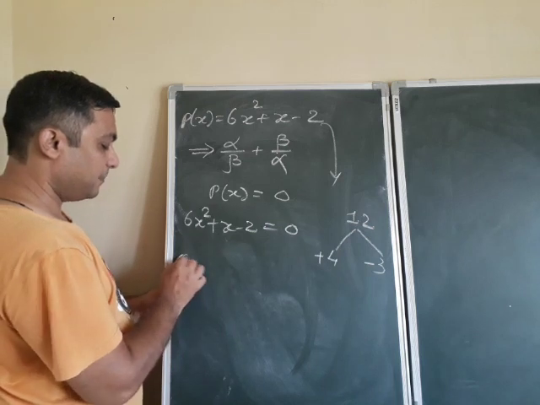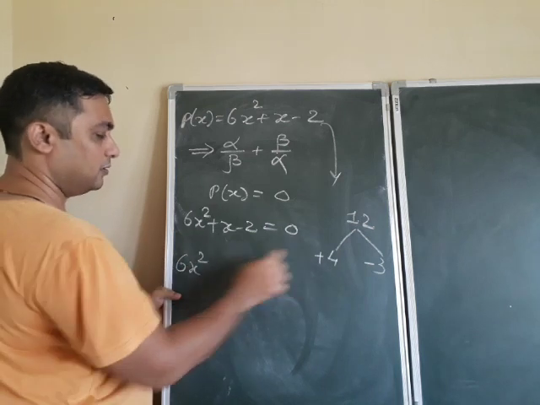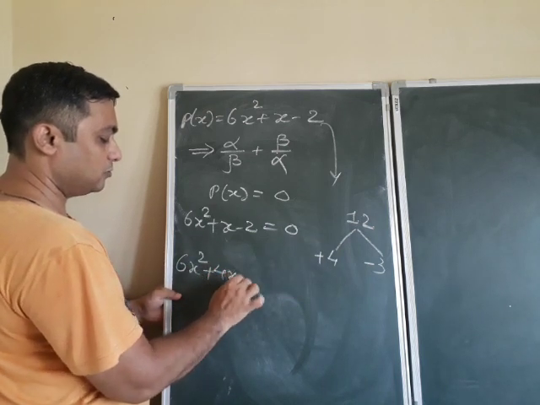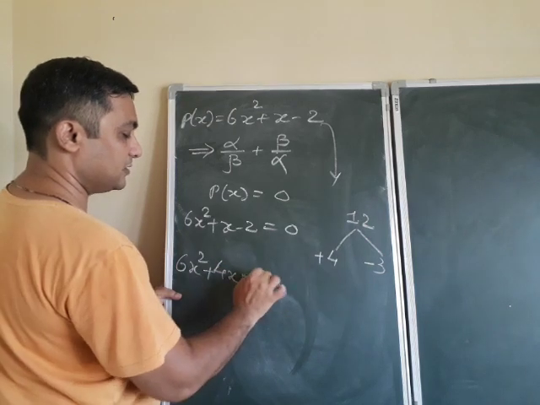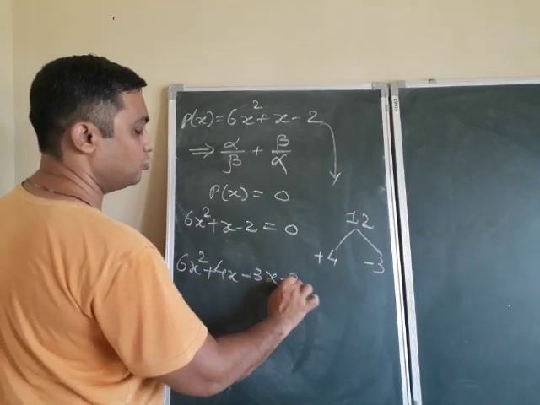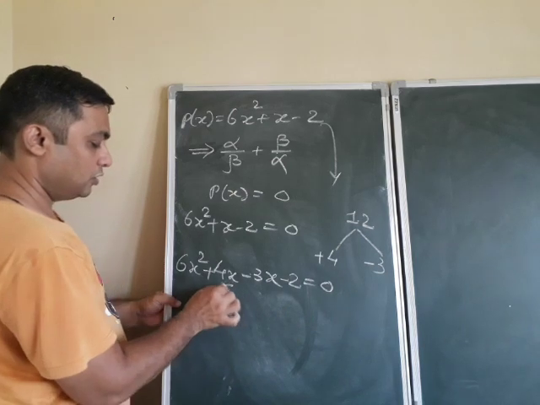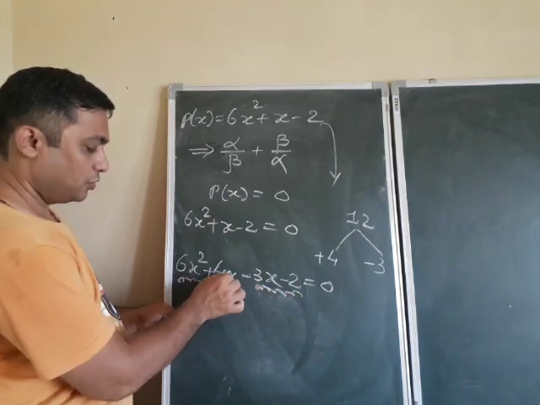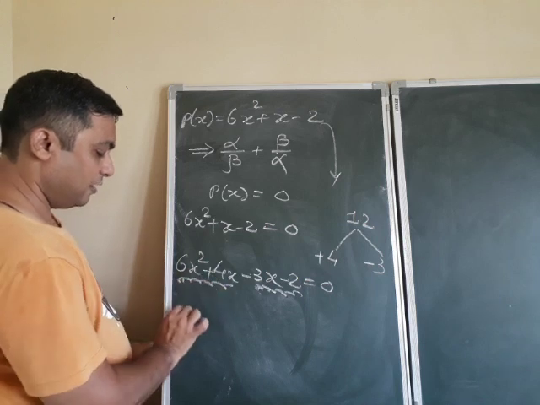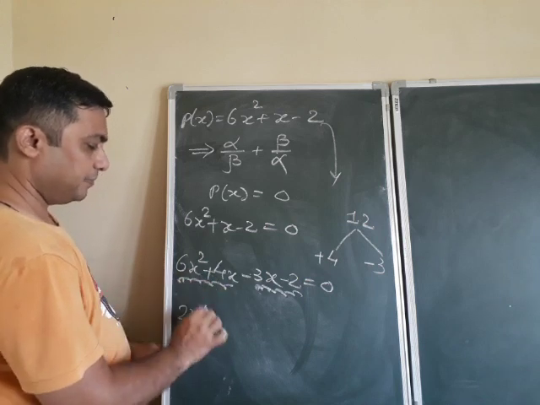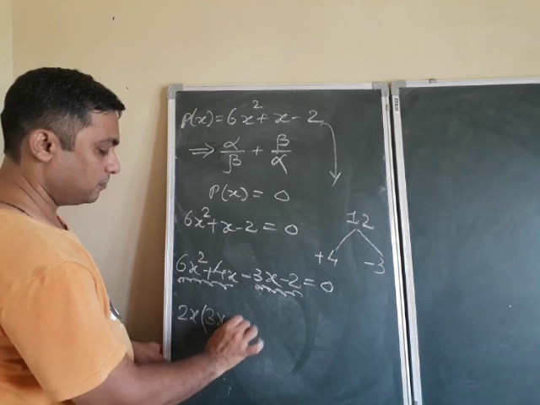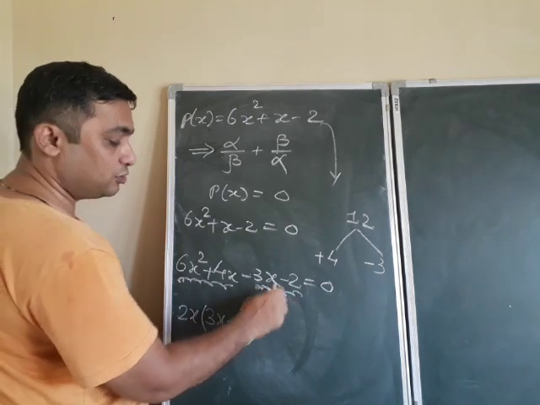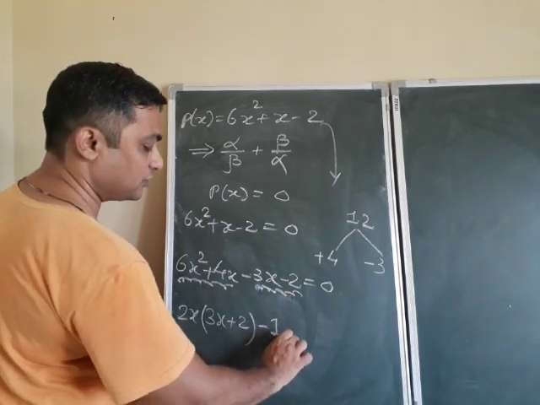So now let me do the factorization. 6x square plus 4x minus 3x minus 2 is equal to 0. Now group these two terms and these two terms. From these two terms, I have 2x as common. So the remaining is 3x plus 2. From these two terms, I am getting minus 1 as common.